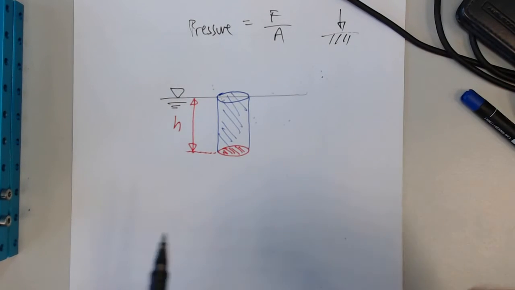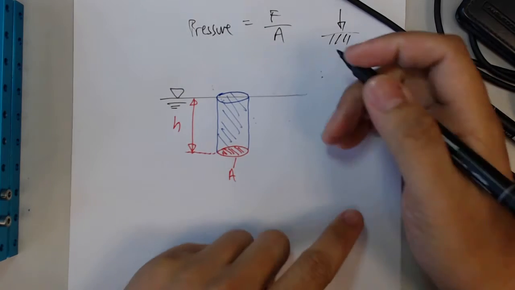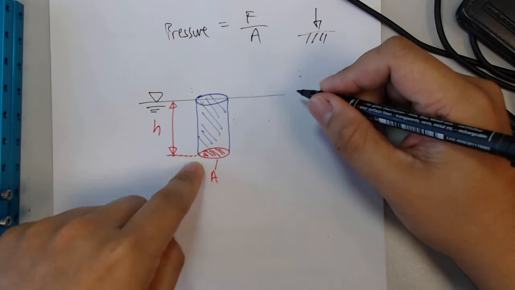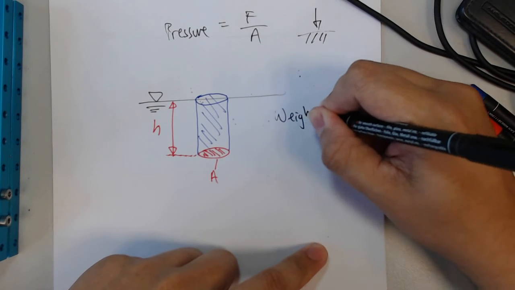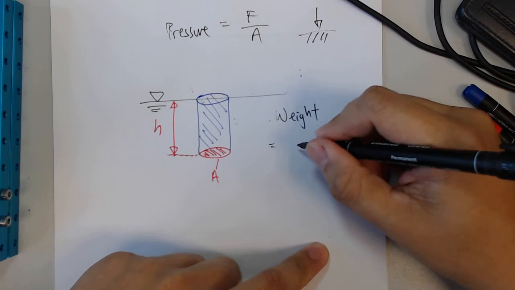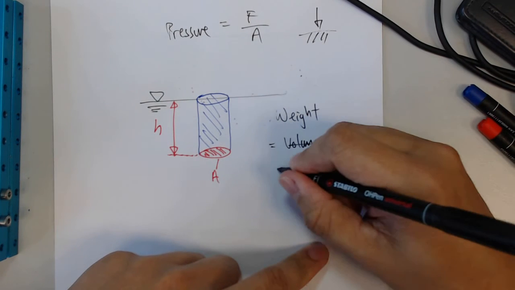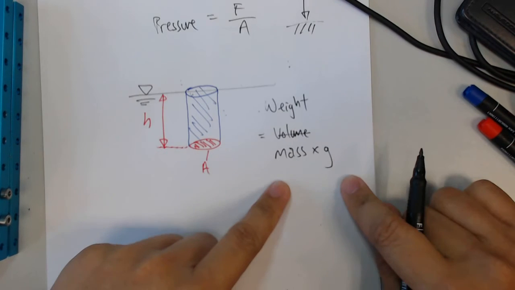Okay, let's just define this area of the disc to be A. So basically the whole weight of the cylinder will be acting on the surface, and you know that the weight is mass times gravitational acceleration, mg.